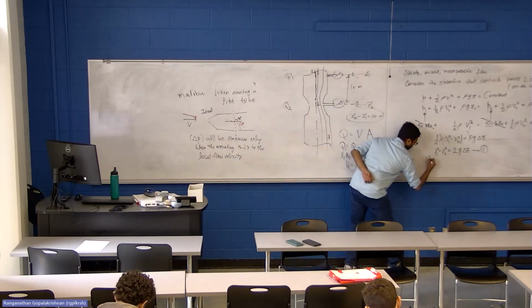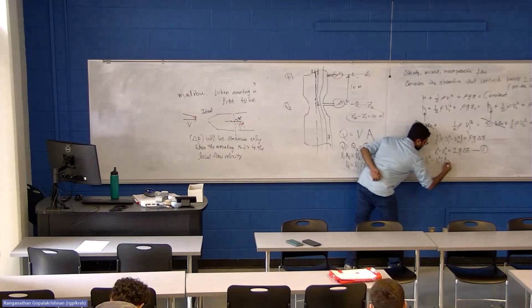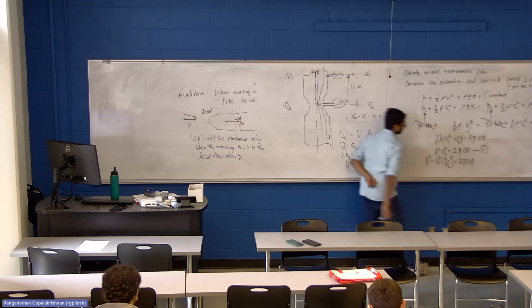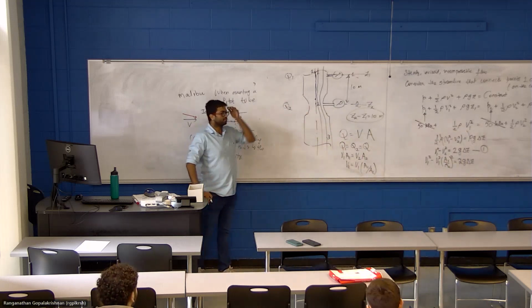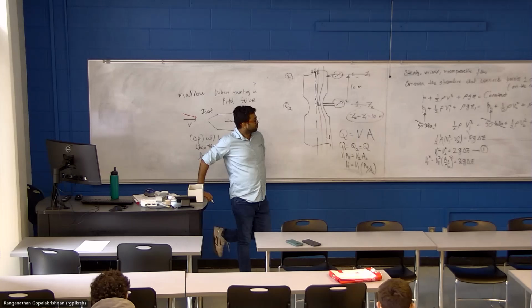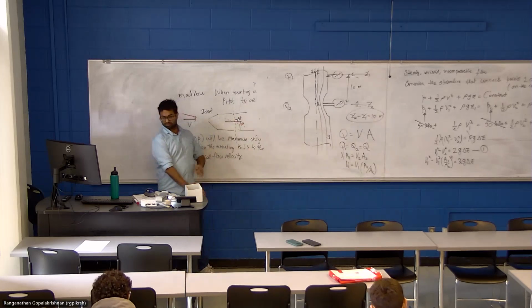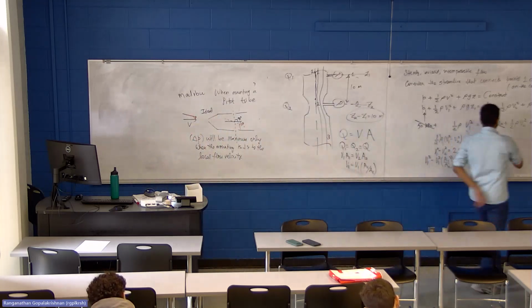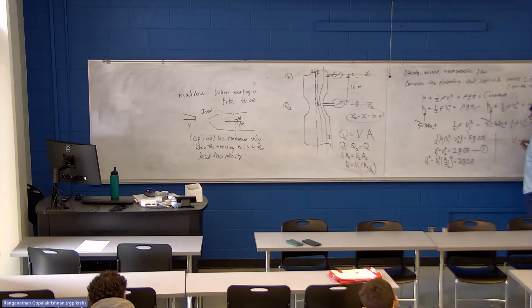So this is V1 squared minus V1 squared times area ratio squared equal to 2 times G times delta Z. Continuing, V1 equals the square root of 2 times G times delta Z divided by 1 minus (A1 over A2) squared.